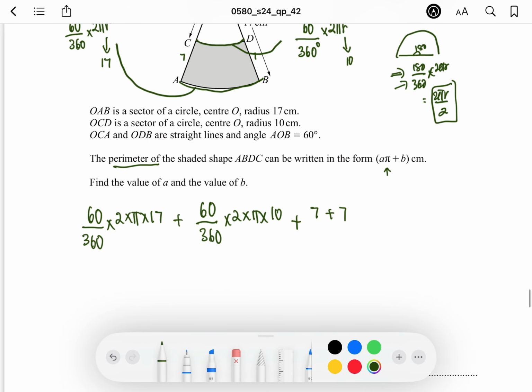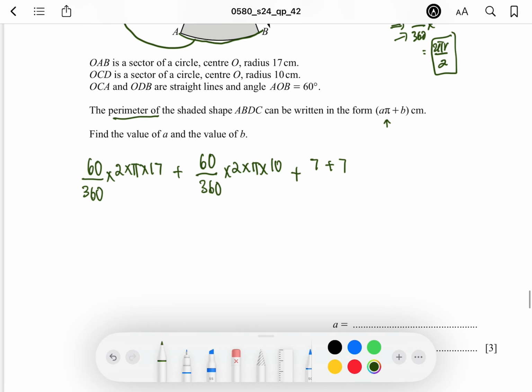Okay, so simplify all that, you would get 9 pi plus 14. Why one by one?